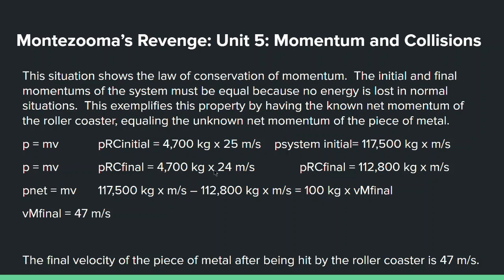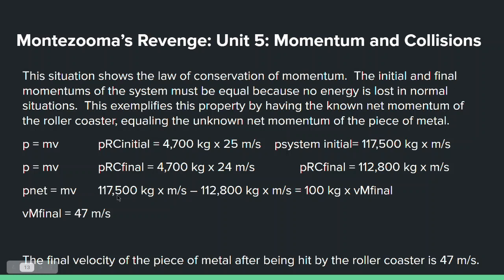So it's 4,700 kilograms times 24 meters per second, and we get a final momentum for the roller coaster of 112,800 kilograms times meters per second. So then we take the net momentum and set that equal to the mass times velocity of the piece of metal, which is the momentum of the piece of metal.